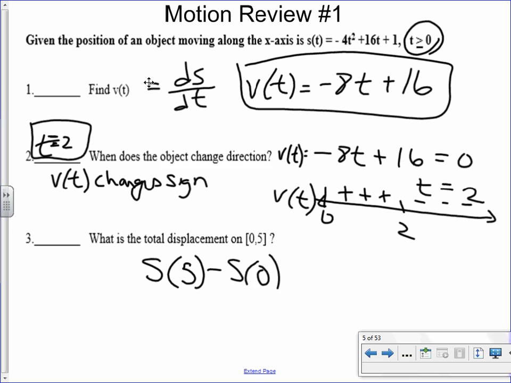So you would get negative 19 minus position at time 0, which is just 1. Negative 19 minus 1 is negative 20. So displacement can be negative. That's telling you that from the beginning to the end, it's 20 units to the left of where it started. So displacement is negative 20.